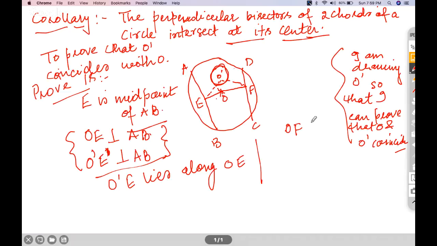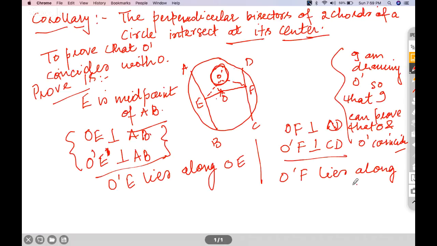Similarly, I can write that OF is perpendicular to CD and O dash F also is perpendicular to CD, and this is only possible when O dash F lies along OF. So what happens is I have proved that O dash E lies along OE and O dash F lies along OF.